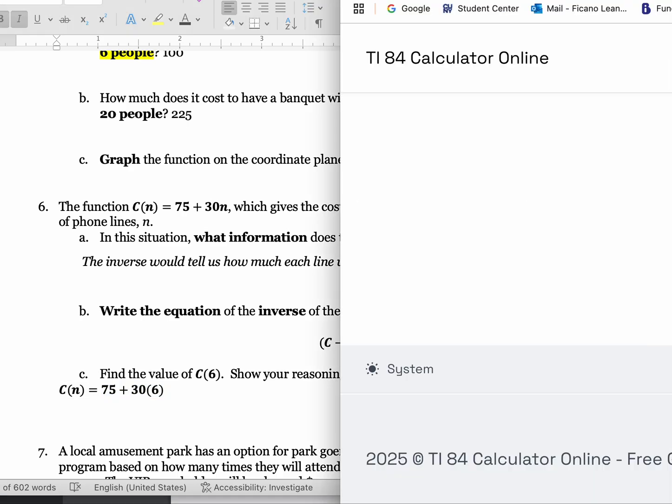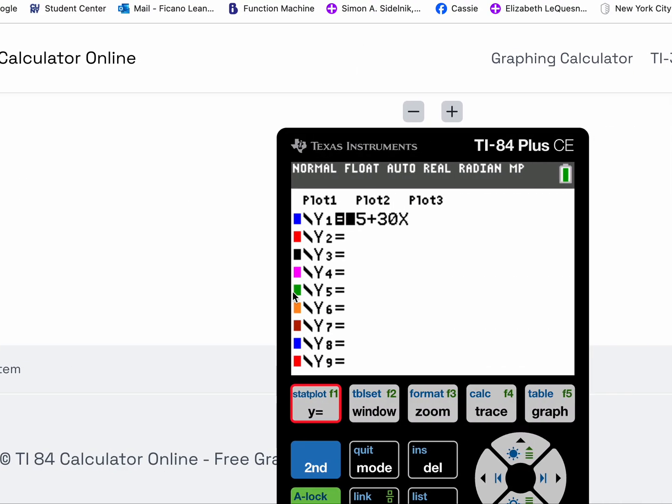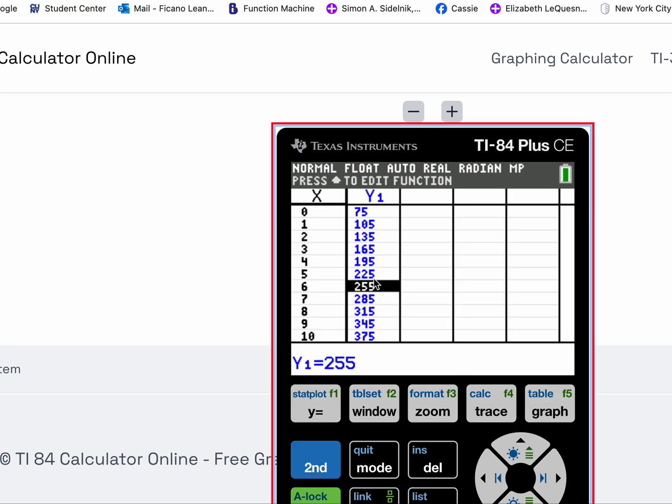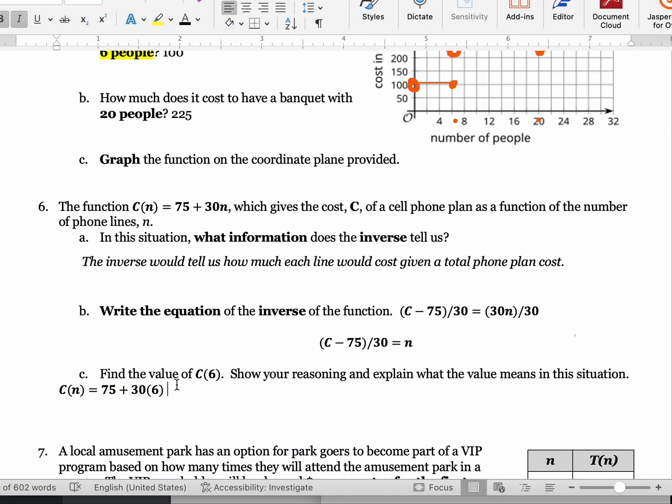You can also go to y equals and put that in y equals and go to the table, and we're looking for 6. If you could see, I already had it set up. So when x is 6, the answer is 255. So in this case, c of 6 equals 255.